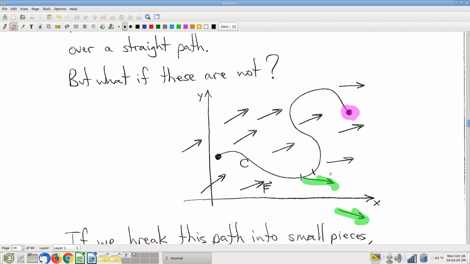Okay, so this is the problem we're going to consider now. What if you're moving along a curvy path, exerting a non-constant force? How do you compute the total amount of work? Now this being a calculus class, you could probably guess the very first thing that we're going to do, as I like to describe all of the integrals that we've done so far. Chop it up, add it up, right?